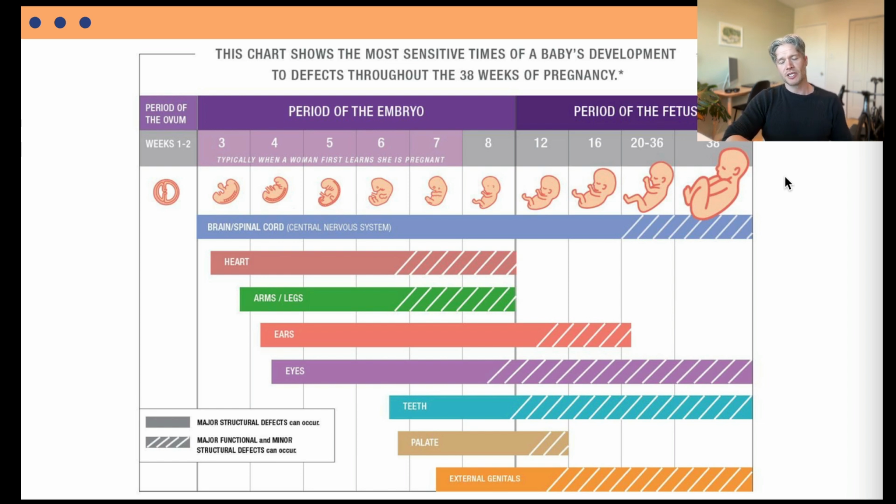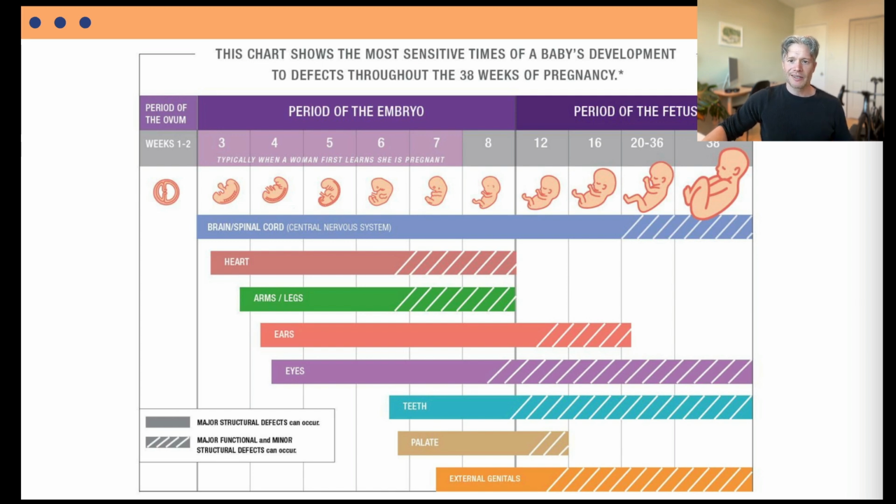So we'll see a bit more functional and maybe some minor structural things, because for the most part the cells are in the place where we want them to be. It's just the finalizing and hypertrophy of the cells that might get affected by, let's say, a teratogen.